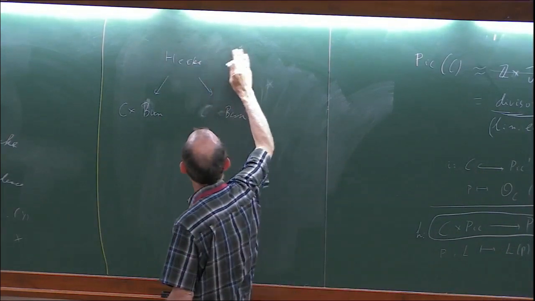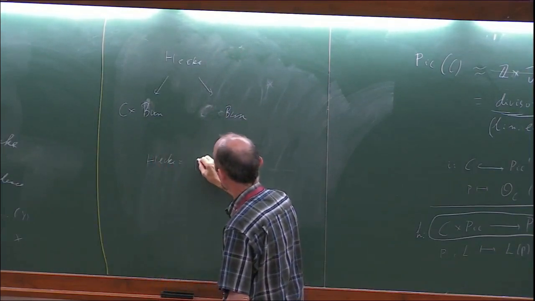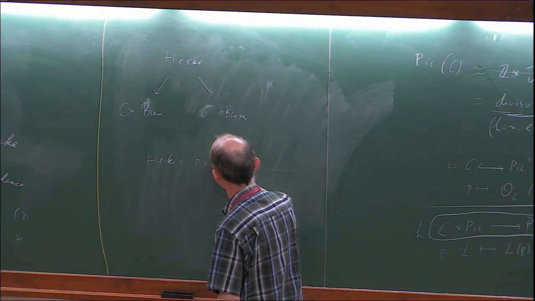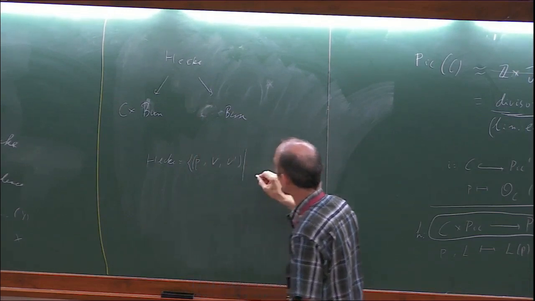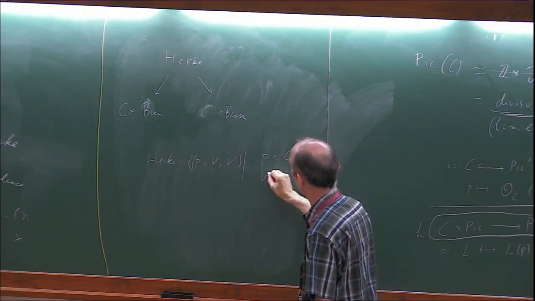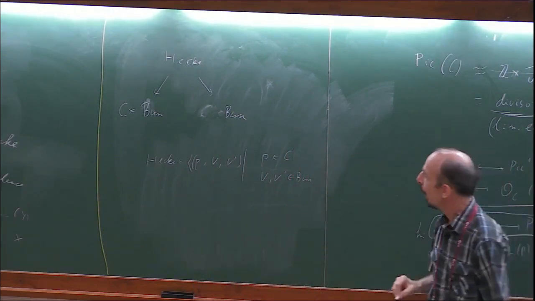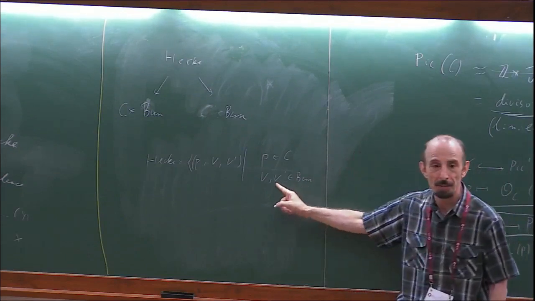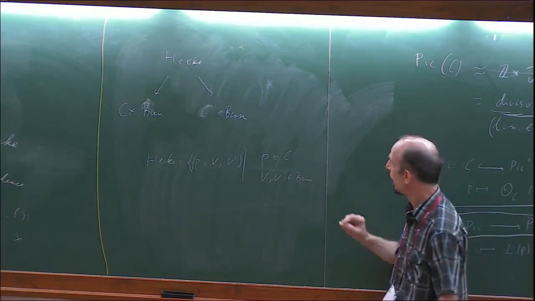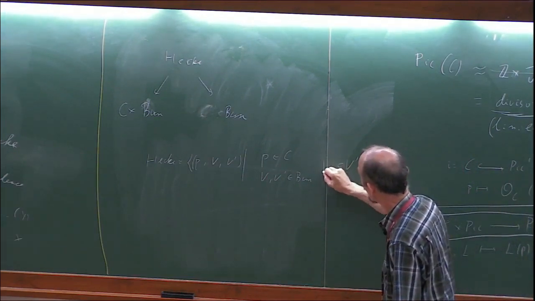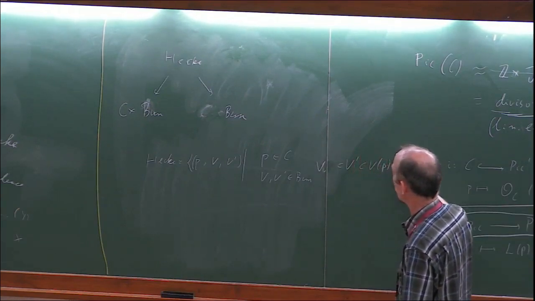So Hecke will be the set of triples P, V, and V prime, where P is a point of the curve, V and V prime are bundles, and V prime is a modification of V at the point P. In other words, V prime, let's say, contains V and is contained in V twisted by P, or something like that.